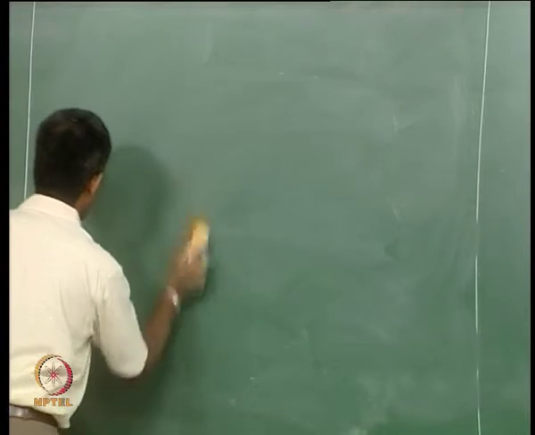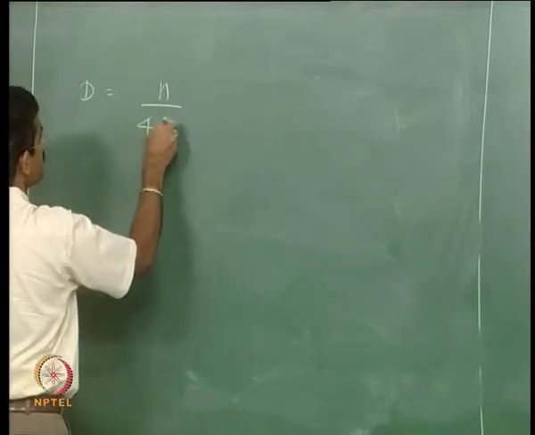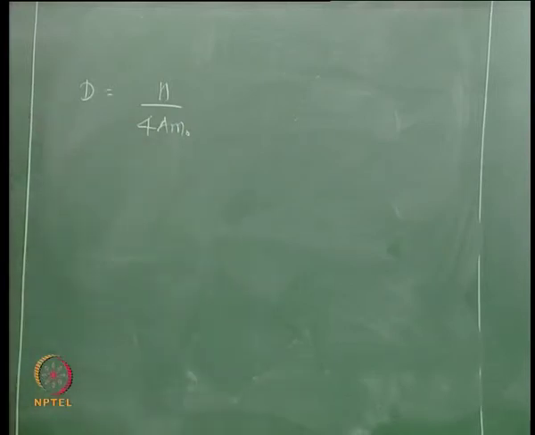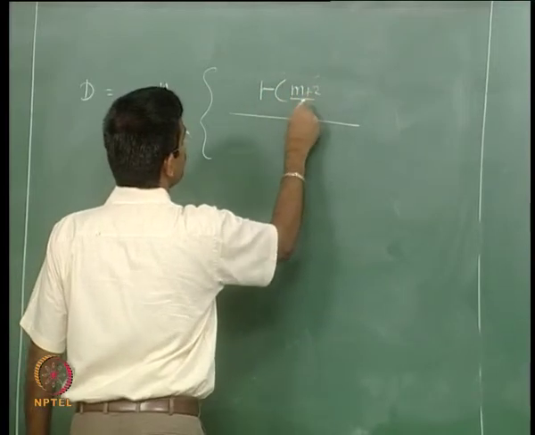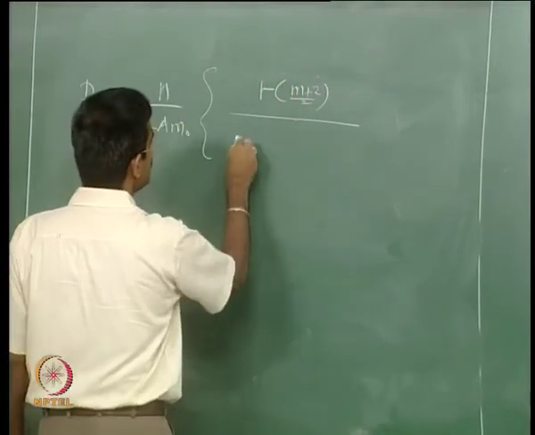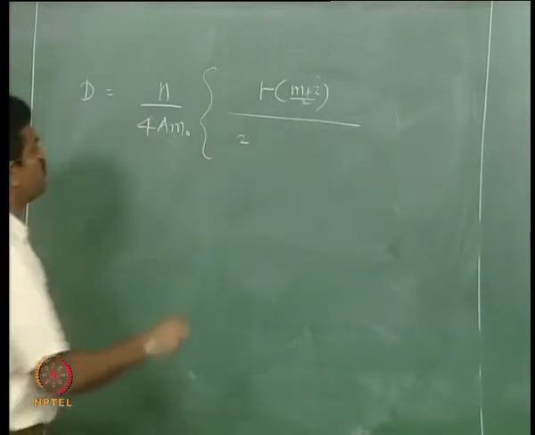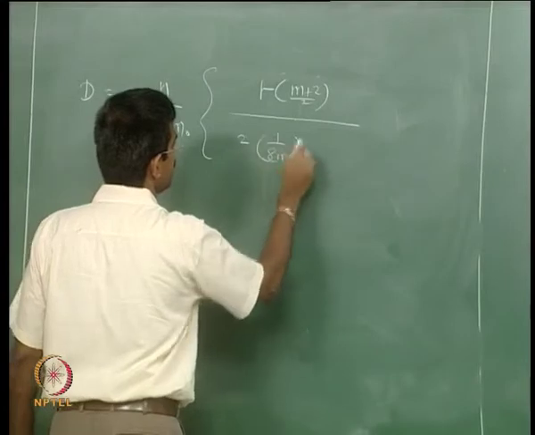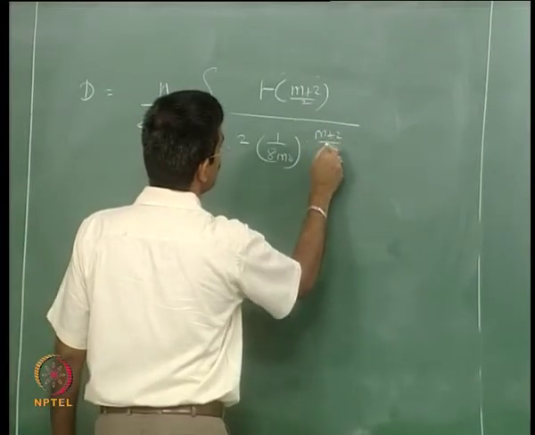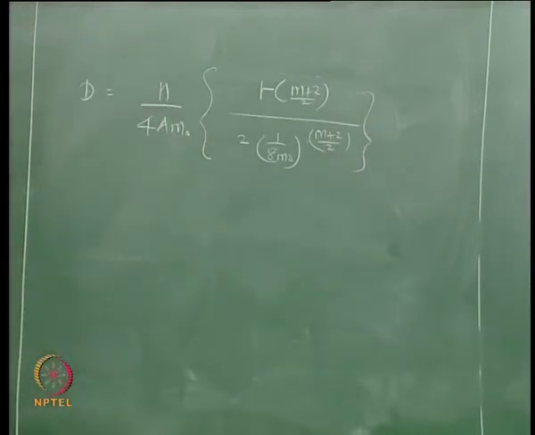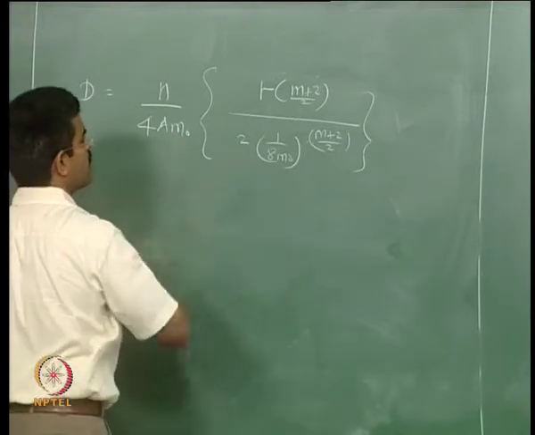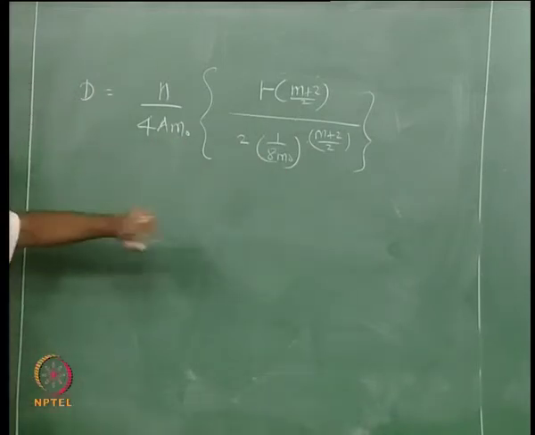Hence, the total fatigue damage for n number of cycles D can be now said as n by 4 a m naught, gamma of m plus 2 by 2, divided by 2 of 1 by 8 m naught to the power of m plus 2 by 2. Simplifying, because I got m naught here, 2, 8, 4 etc., I got a power also.